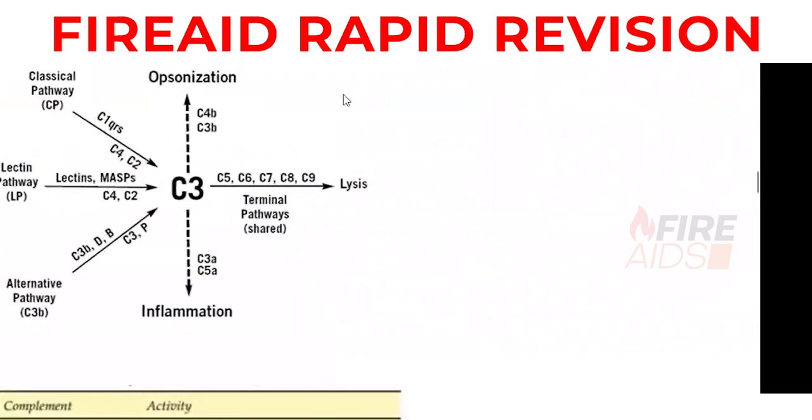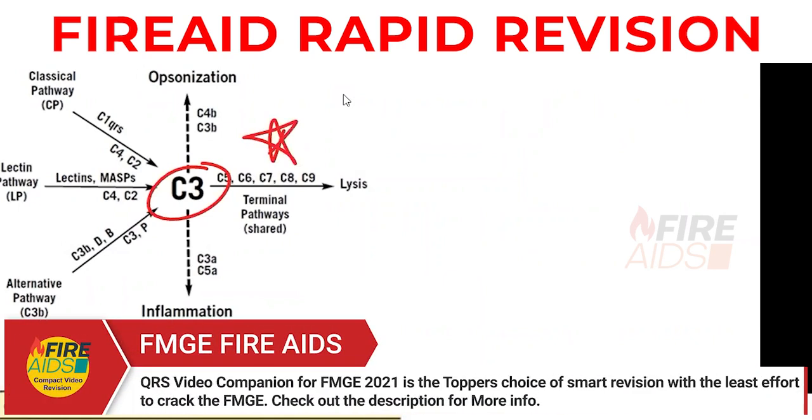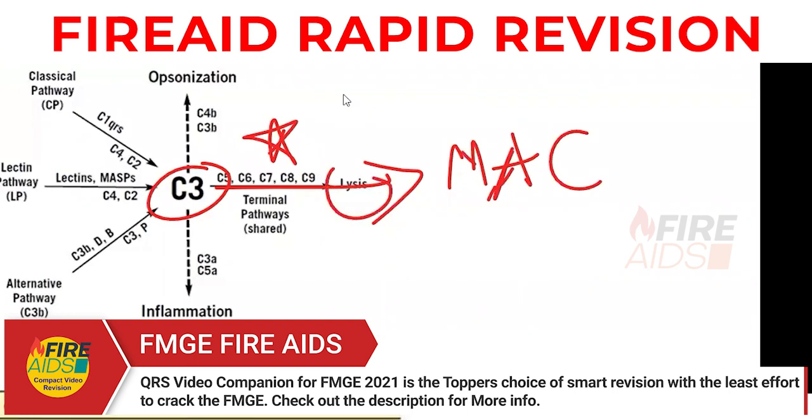So if you see, the central role is going to be C3, because the most important thing in attacking is tagging. If you don't tag something, you cannot attack it. So C3 plays a major role here. This C3 can further form a MAC, membrane attack complex, and it can destroy the cell, that is lysis.